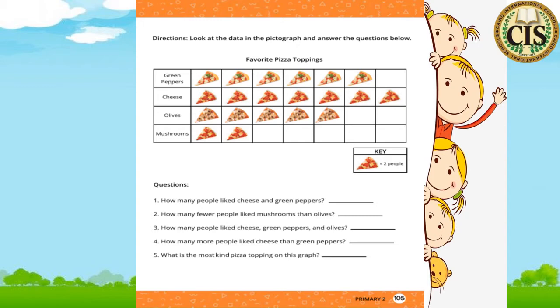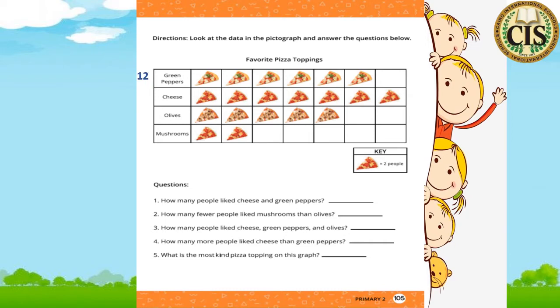Now let's count together the number of people who like pizza with green peppers. Pay attention, each pizza slice equals 2 people. So we are skip counting by 2. 2, 4, 6, 8, 10, 12. So we will write 12.